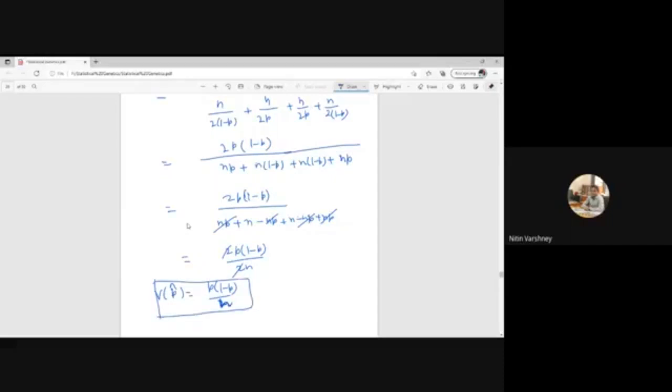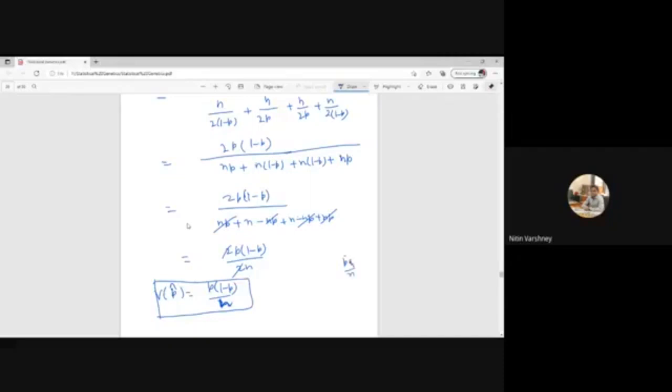Have you seen that, if you remember, for proportion, the variance is pq by n.